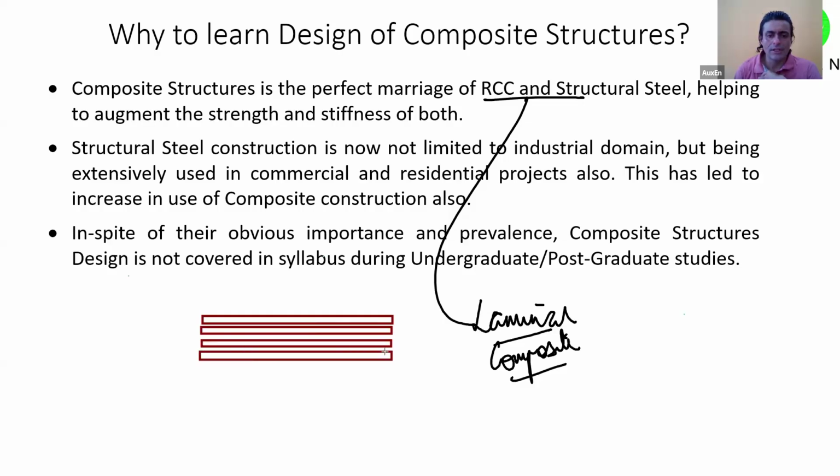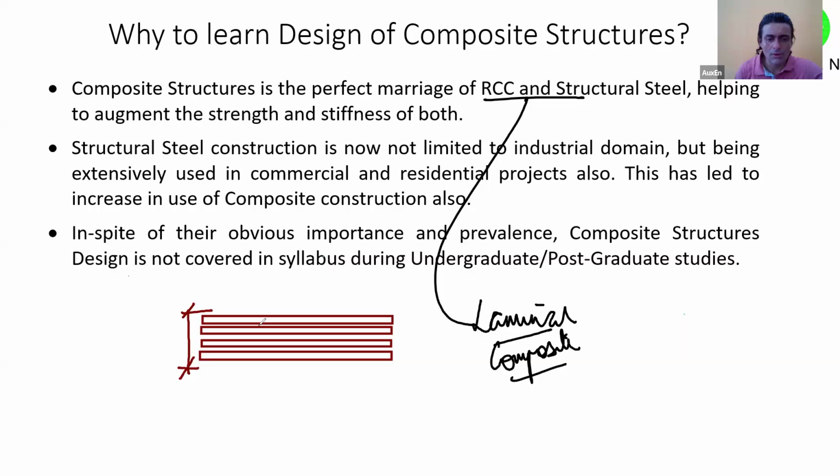So what we do is that we take all these plies to a certain thickness, whatever we want. And in between the layers, how are they connected together? So they are joined through, anyone?